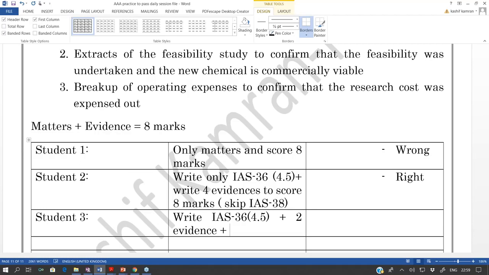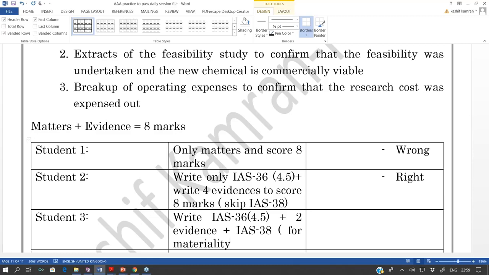Then I have to take 8, right? So I write 2 evidences. Then I only write IAS 38 for materiality. And I take 1.5 marks. See, I make my 8 marks. This is even a right student.